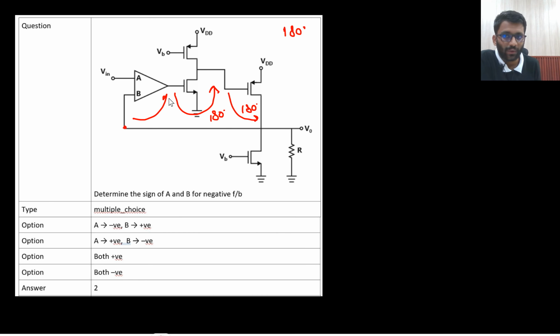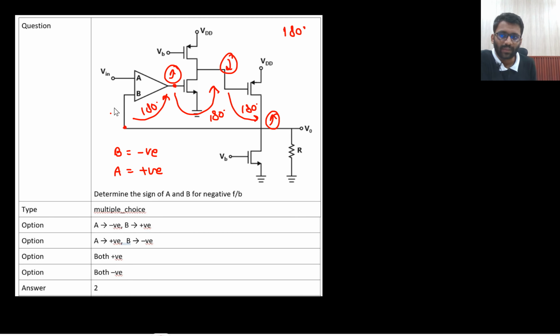So from here to here you want to go. That means you require another 180 degree, right? That means B should be negative and A should be positive. You total need 180 degree phase shift. From the output of the op-amp 180 degree, 180 degree, another 180 degree required. Basically if this node goes up, this node goes down and this node goes up.